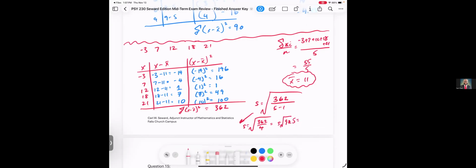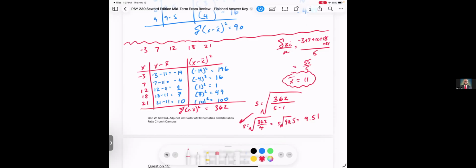The square root of 90.5 is going to be, drum roll please, 9.51. And there you have it.